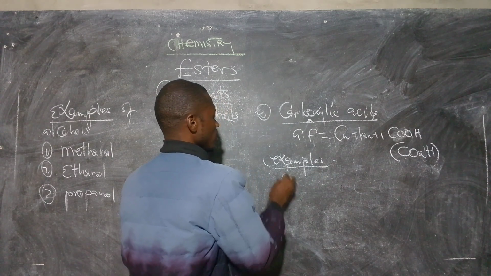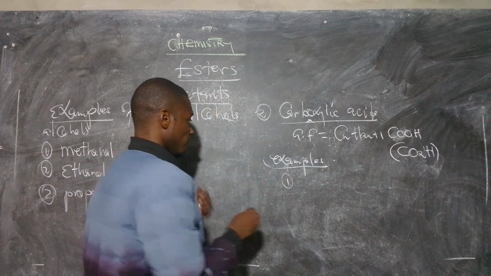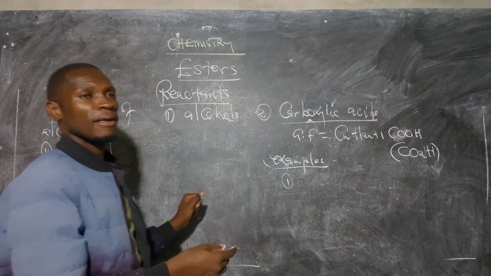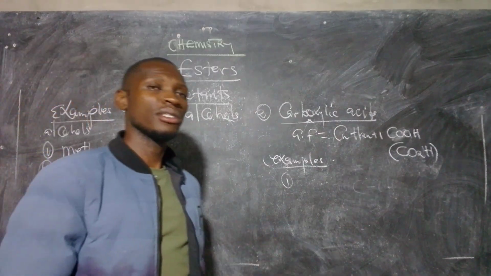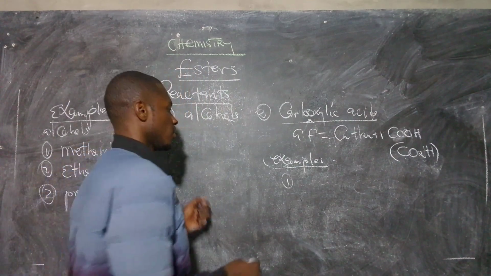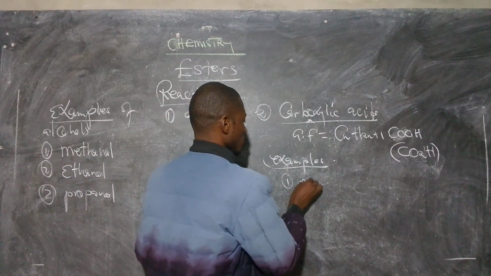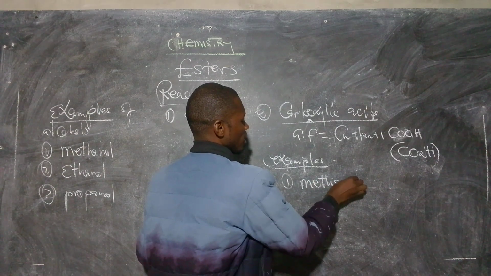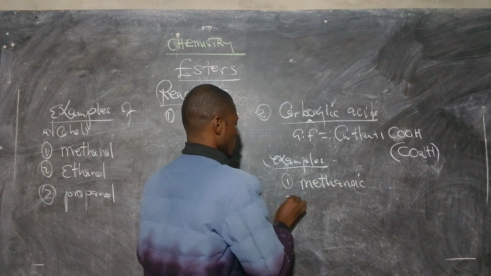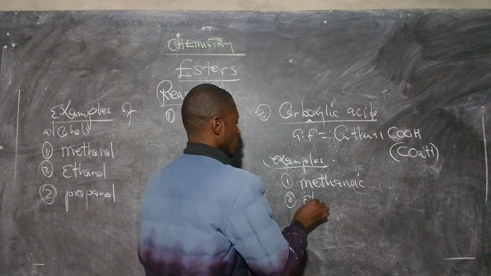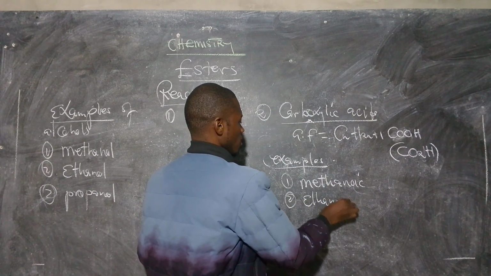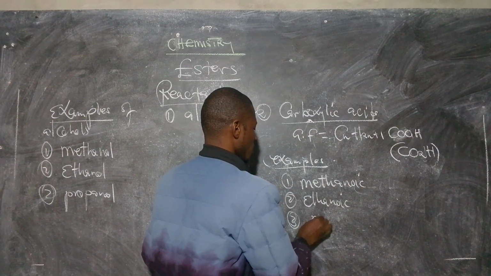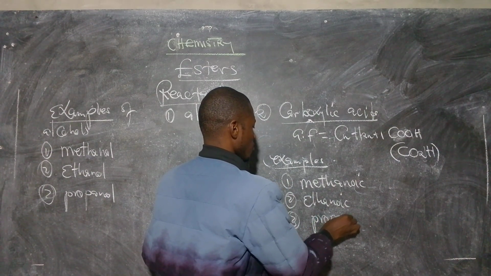Number 1, we have the same principle which we use to name the hydrocarbons. The prefix name will be the same. So meth, it will be methanoic. Number 2 will be ethanoic. And number 3 will be propanoic.